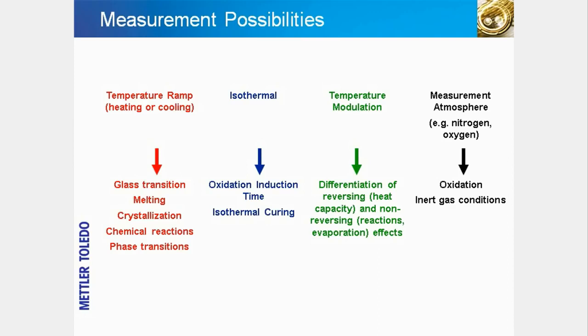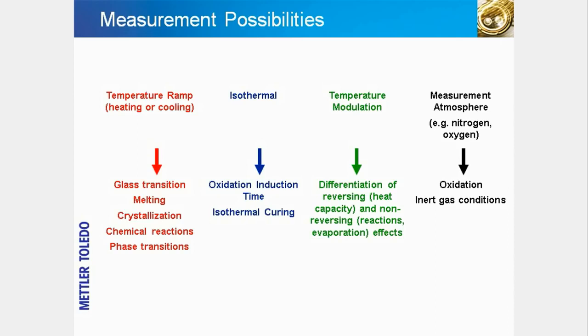DSC measurements can be performed dynamically using a linear temperature ramp, isothermally, or with temperature modulation. Temperature scans are used to investigate temperature-dependent processes such as the glass transition, crystallization, melting, and curing reactions.